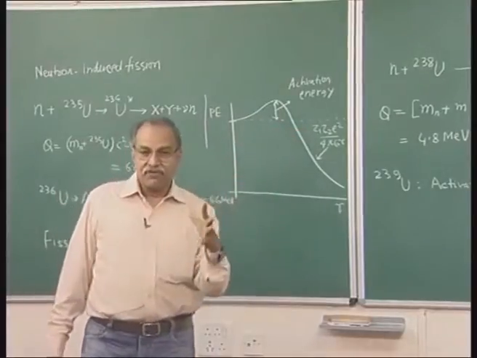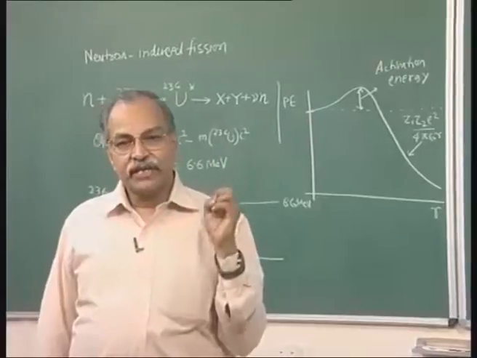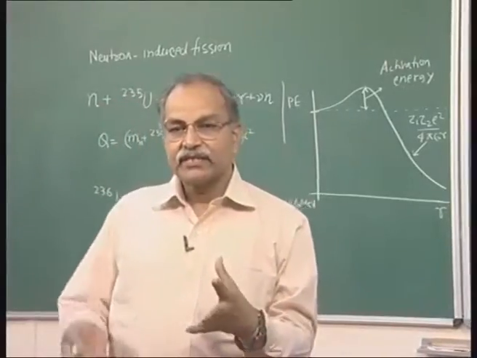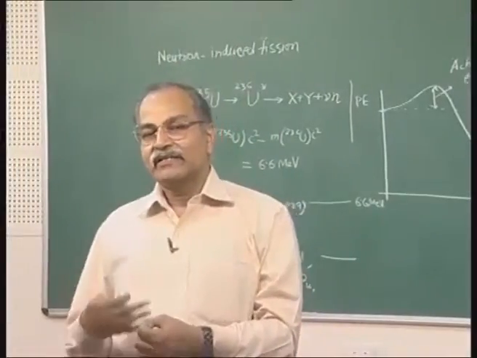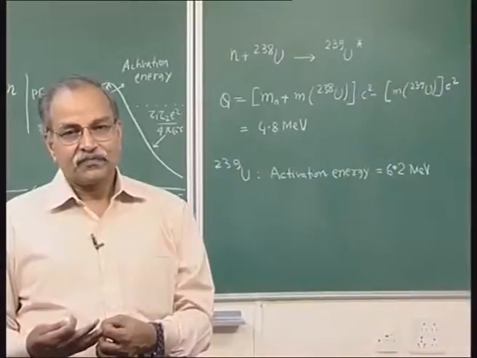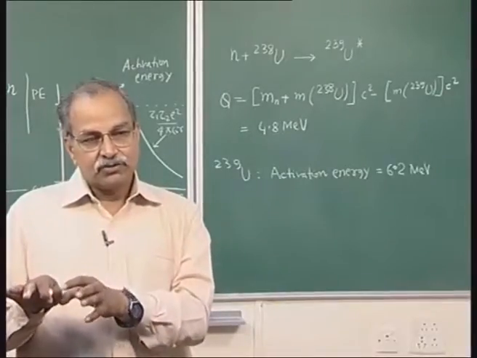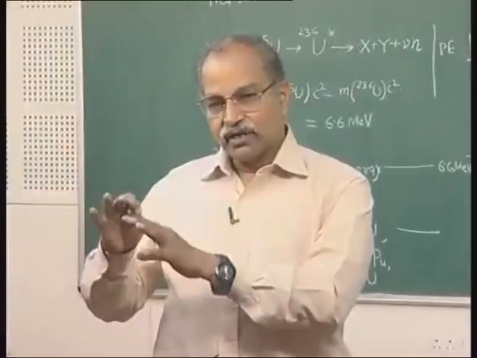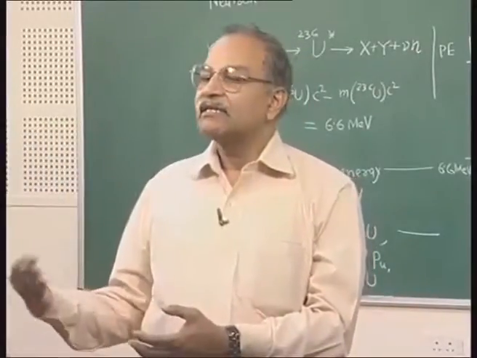But one can give these neutrons high enough initial kinetic energy, so that the excitation energy is Q value plus the initial energy of the neutron. And then if you give sufficient energy to this neutron, so that the total energy becomes more than activation energy, then it can fission.